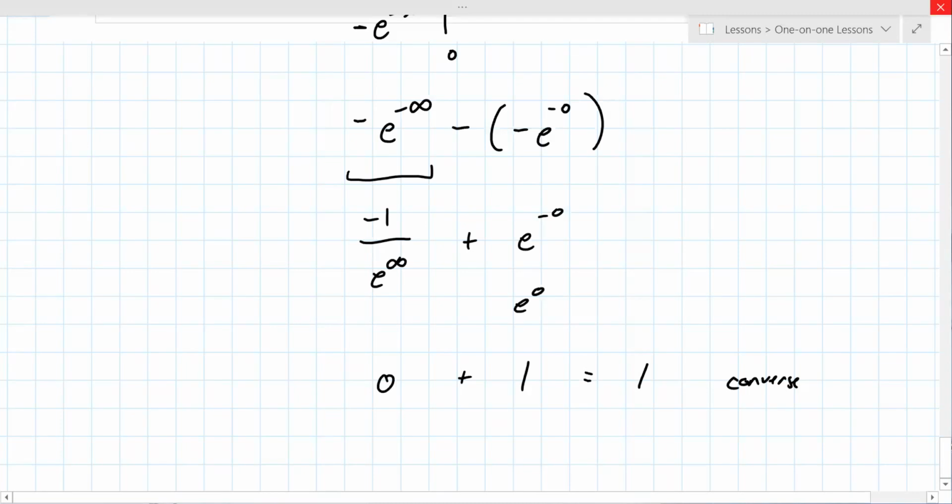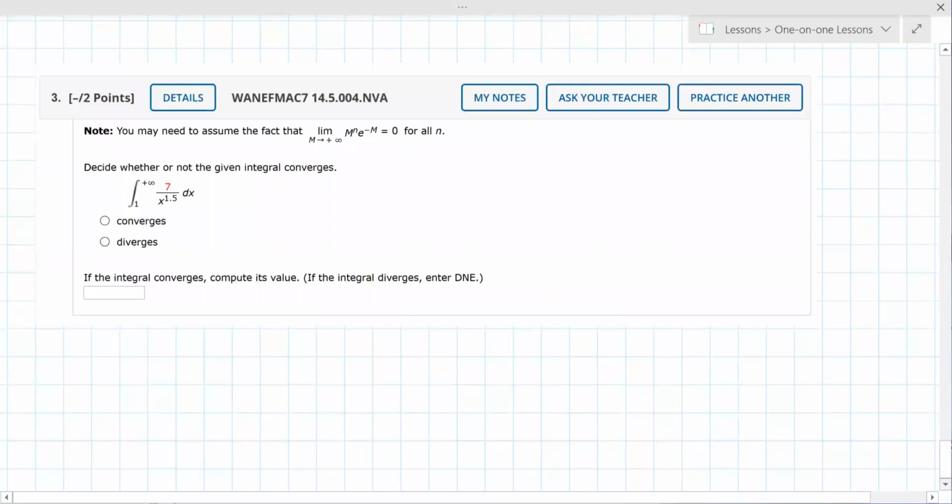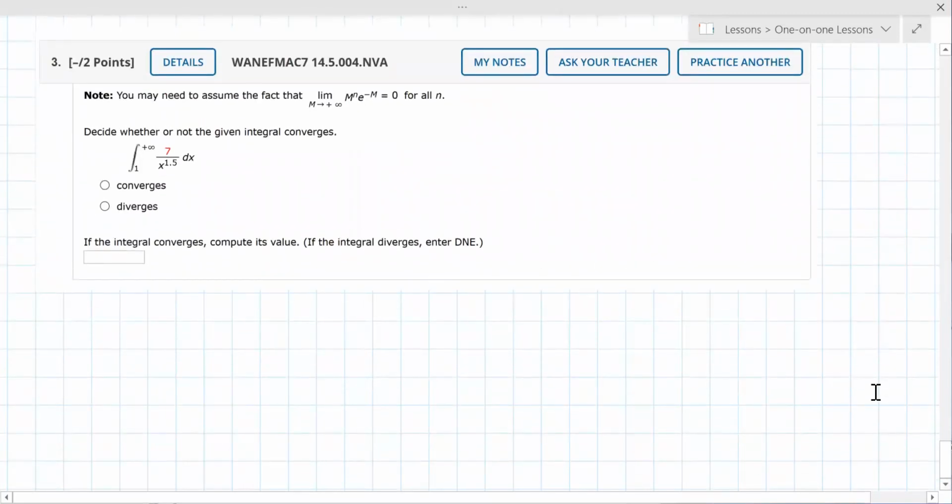All right, we're on to number 3. Okay, so there is this property that says that if you have an integral from a to infinity of 1 over x to the p, as long as p is greater than 1, it converges.